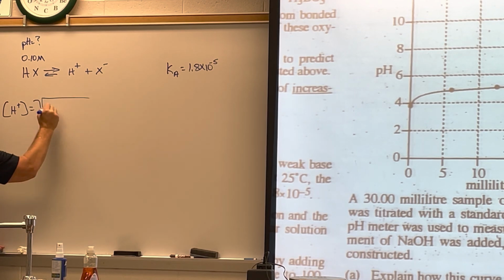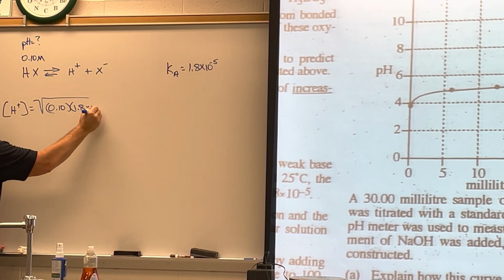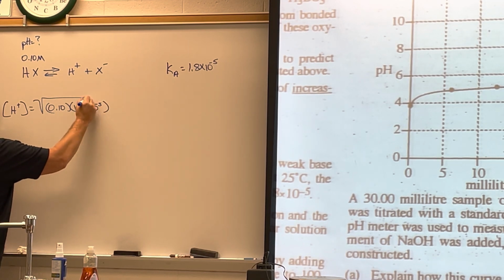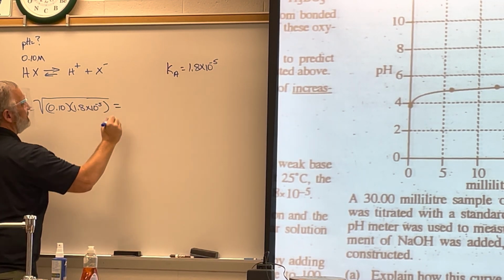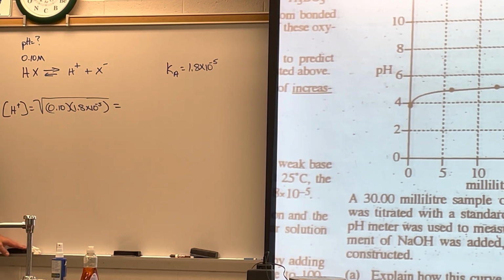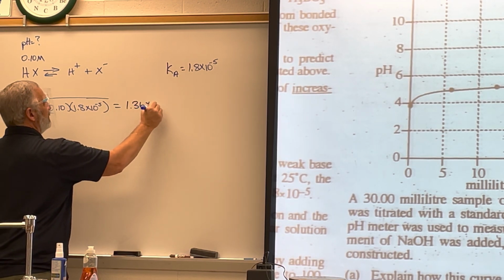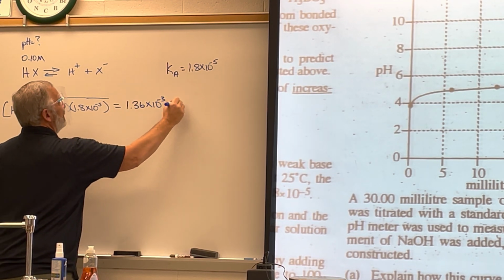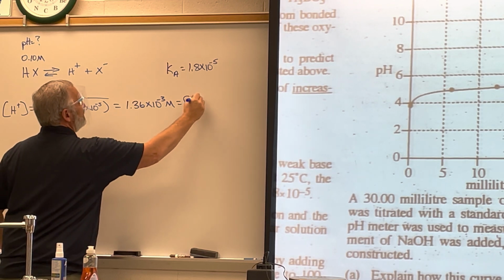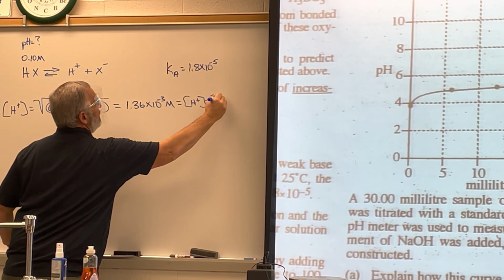Square root of 0.1 times 1.8 times 10 to the minus 5 is going to equal, somebody give me a number, we've done it before, 1.36 times 10 to the minus 3. Okay, so that's my H plus, which is also the same as my X minus.